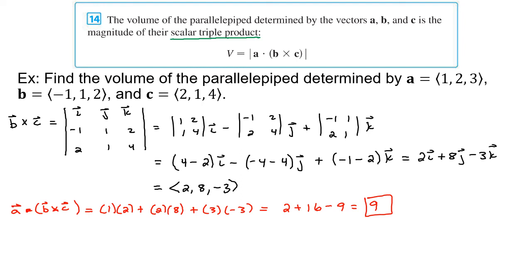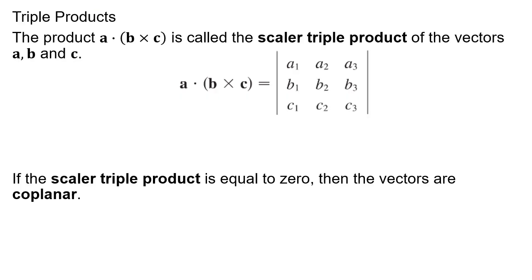And so all you're doing is working through that formula to figure out what the volume is. Or they may ask you to do a scalar triple product, and it would be the same thing. So, kind of a more formal thing. The triple product, A dot B cross C, is called the scalar triple product. It does not need the absolute values on there because it's not doing a volume.